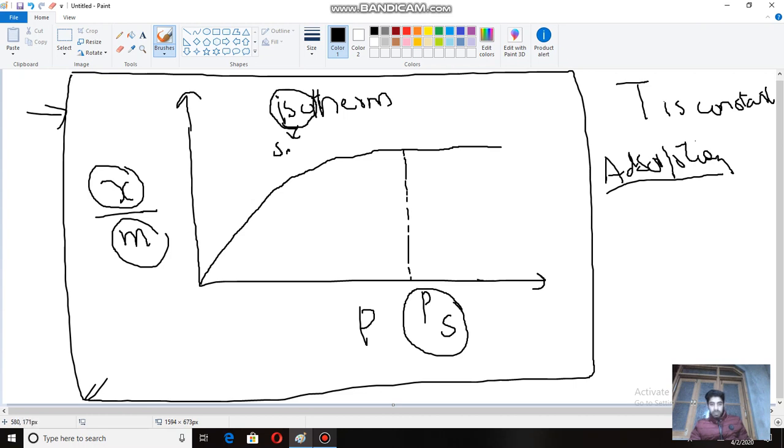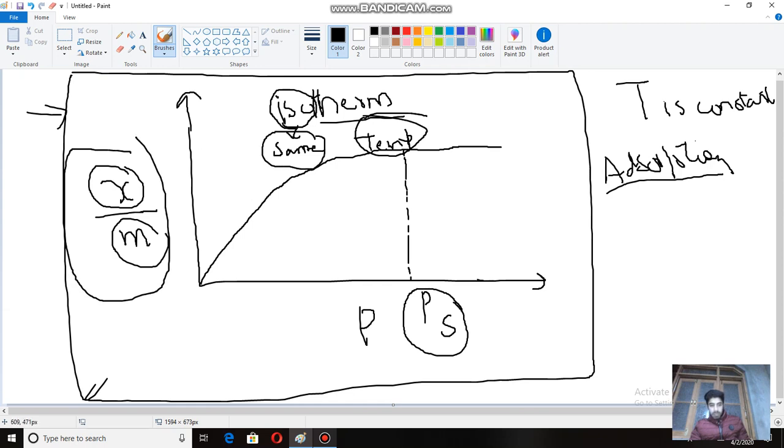Iso means same and therm means temperature. That means the graph of x by m versus P at a constant temperature is known as adsorption isotherm. I hope it's clear to all of you now.